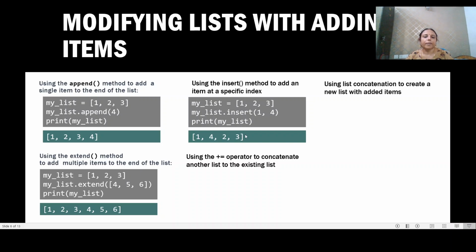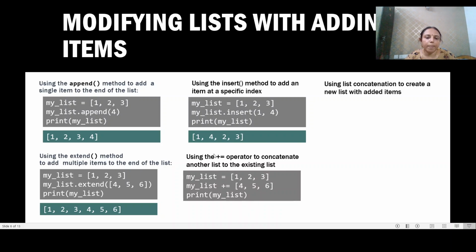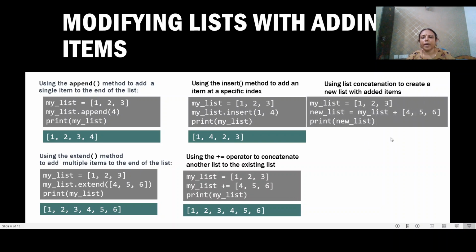Now we can also use the plus equal to operator to concatenate another list to the existing list. Just use the plus operator to add another list along with this one. You will get the same operation which you are seeing in extend. Extend is similar to using this plus equal to operator. And you can also concatenate.